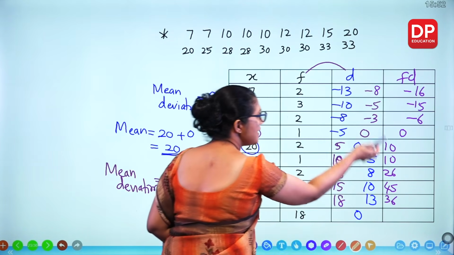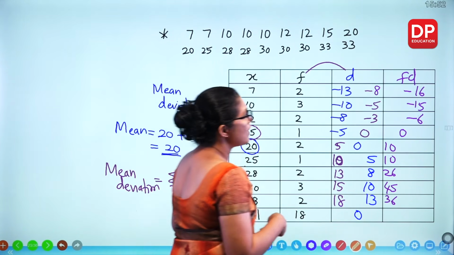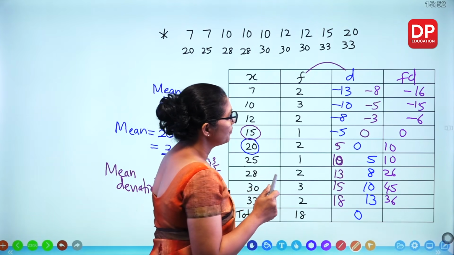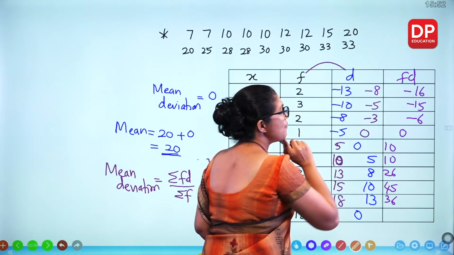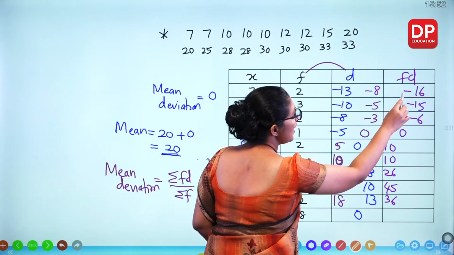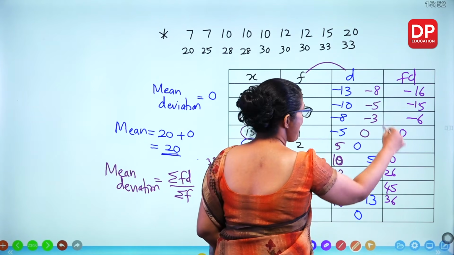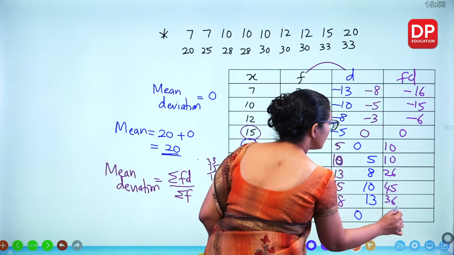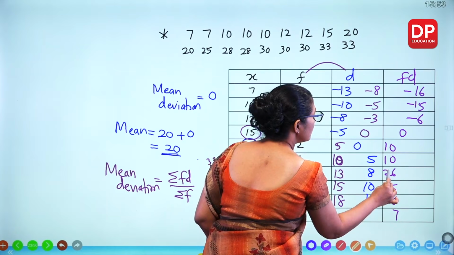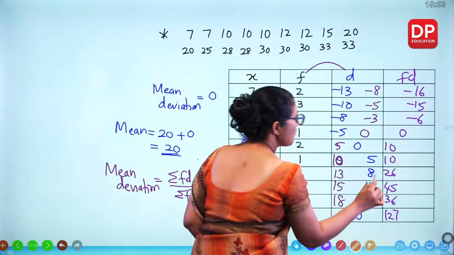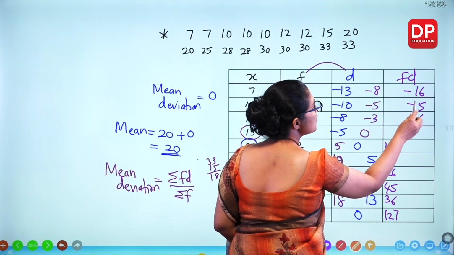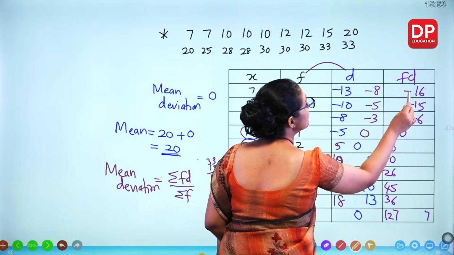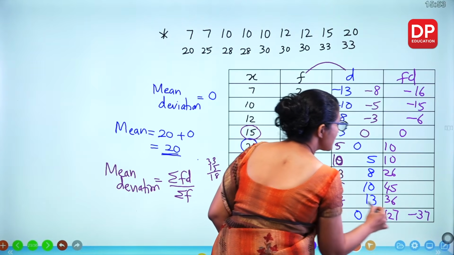Now, when you take sigma FD, add all together, what is the total deviation? When you add positive numbers, you get 127. When you add negative numbers, what do you get? Minus 37.